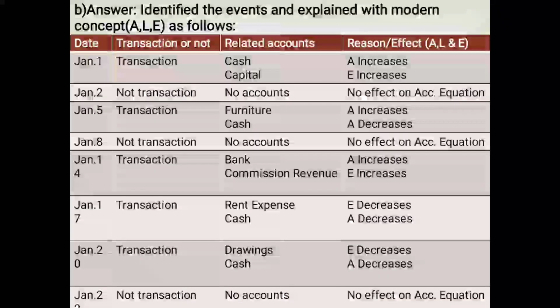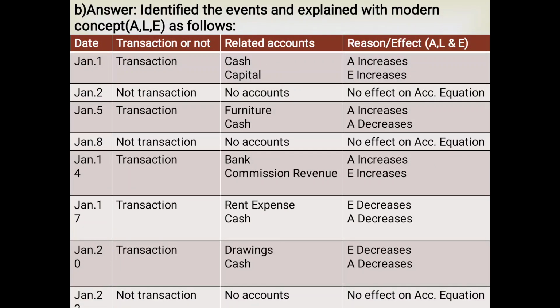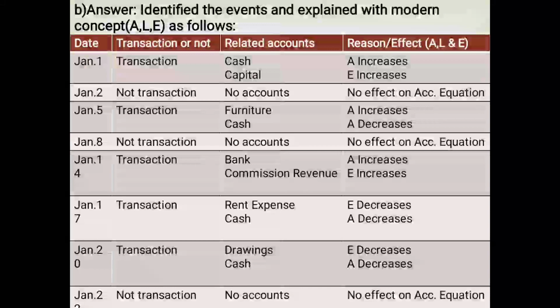It's related to accounts, furniture account and cash account. Dear learners, in this transaction two accounts are involved, furniture and cash. Furniture is one kind of asset, cash is also one kind of asset. Furniture is in the business, so furniture increases, that is effect or reason, A increases.